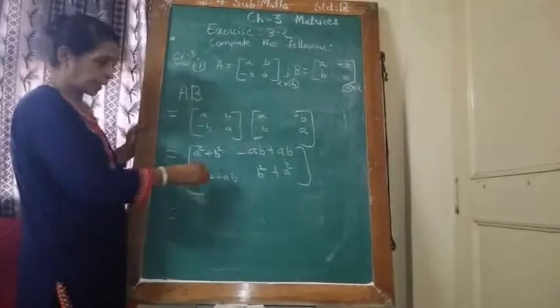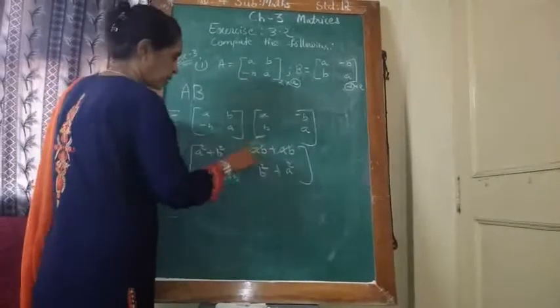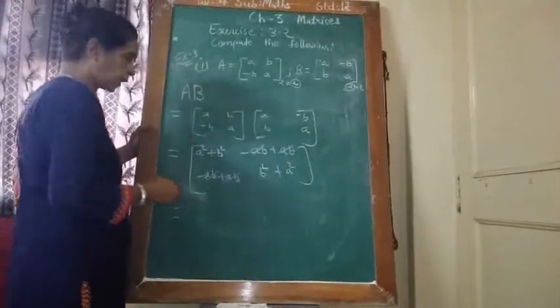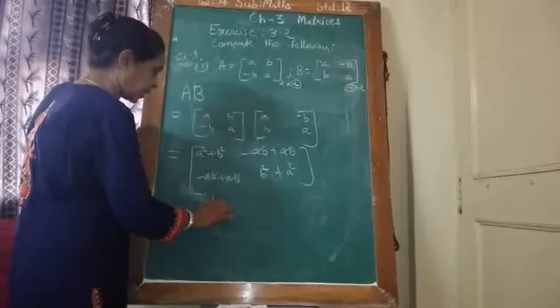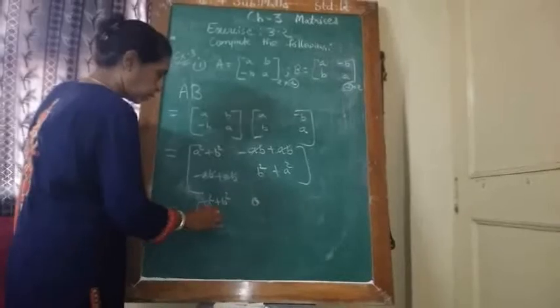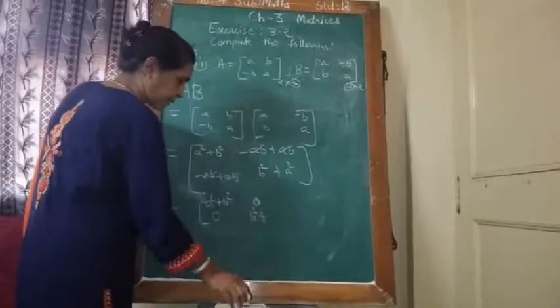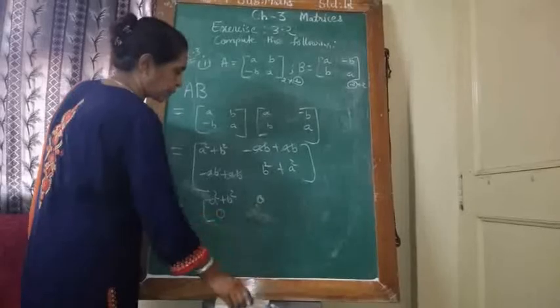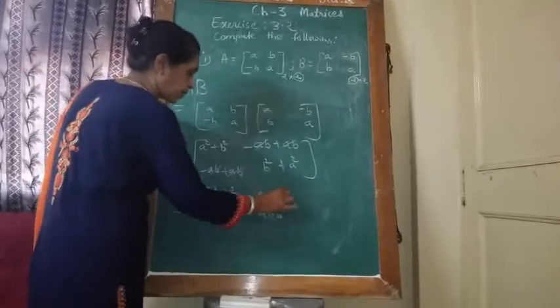Again you see that you can simplify, no, these two are opposite numbers. So you may cancel. So the answer is what? A square plus B square, 0, B square plus A square, or you may write A square plus B square, then no problem. B square plus A square is nothing but A square plus B square.